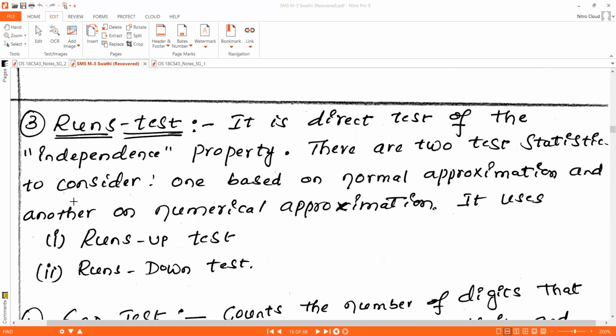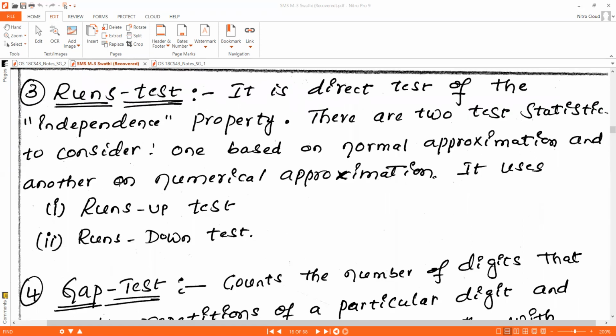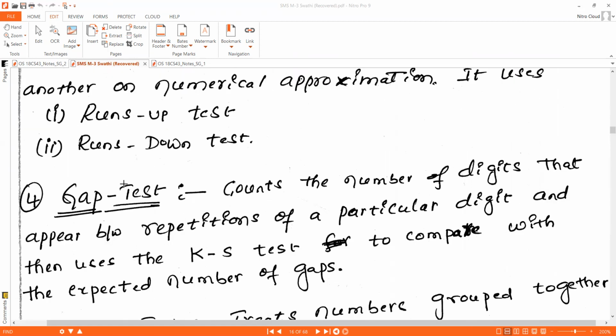Next we have another type of test, the gap test.